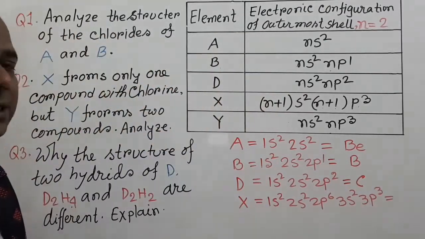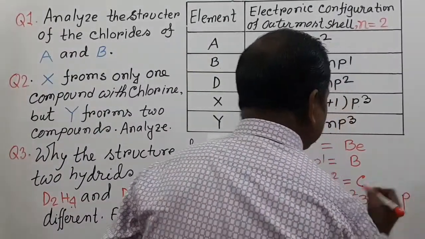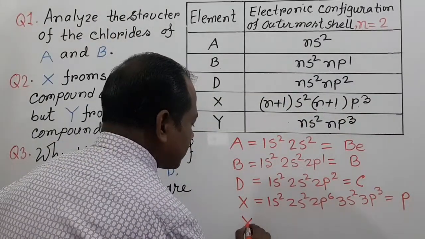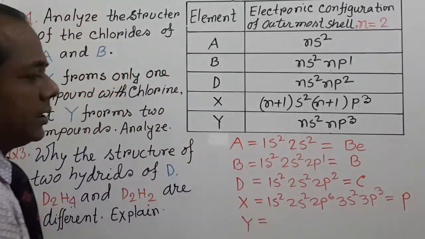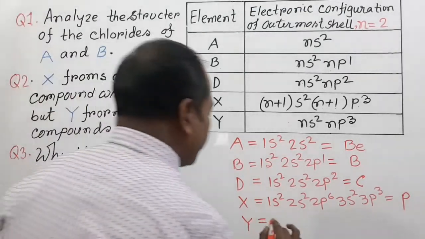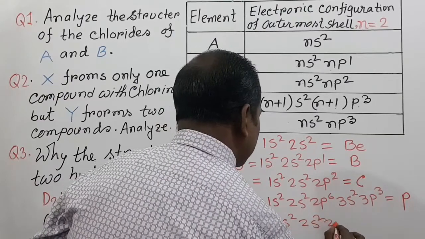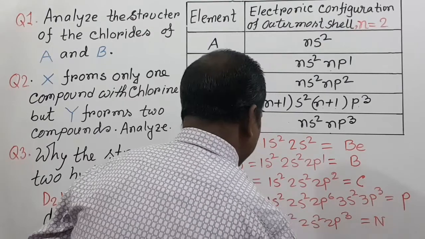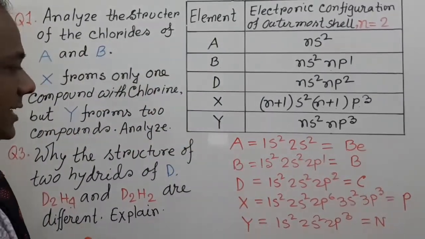So we can say that X represents the element P, that means phosphorus, and the last one, Y, has the electronic configuration ns2 np3, that means 2s2 2p3. So we write here 1s2 2s2 2p3, and we can say that Y represents the element N, that means nitrogen.